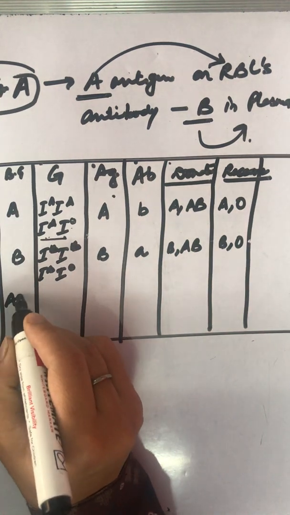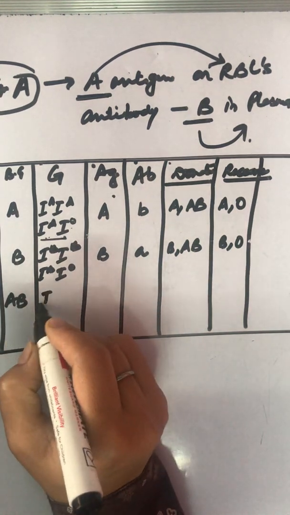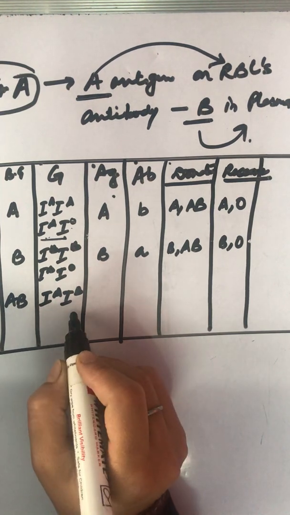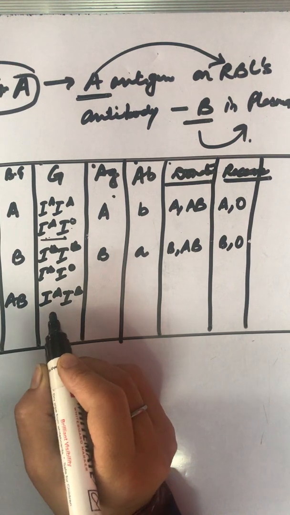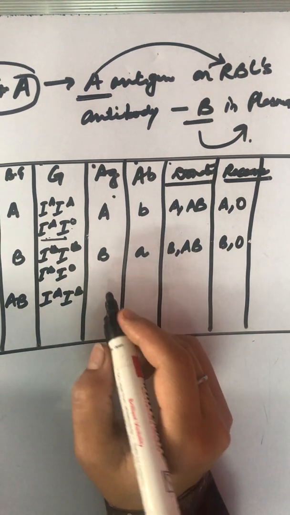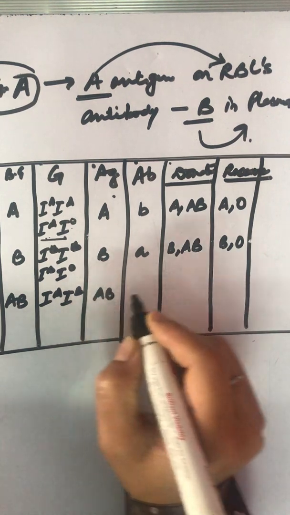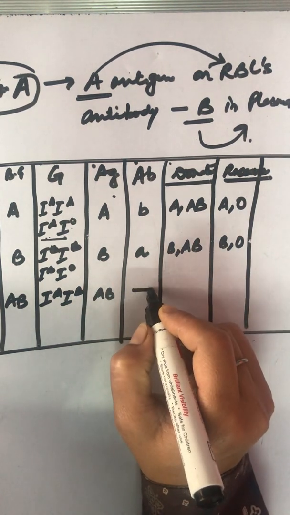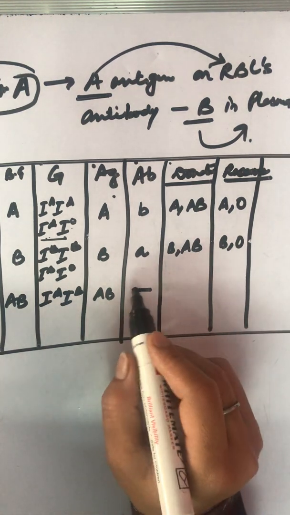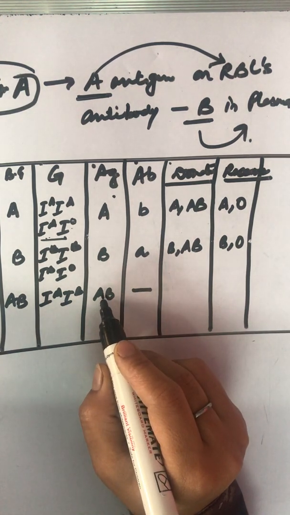Now AB. It will be IA and IB. These two are codominant alleles, meaning no one is dominant, rather both are equally dominant. Then the blood group reflected is AB. Antibody, no. When both the antigens are present in the blood, then there is no antibody respective to that antigen present.